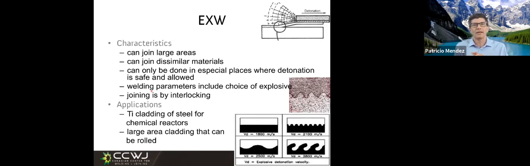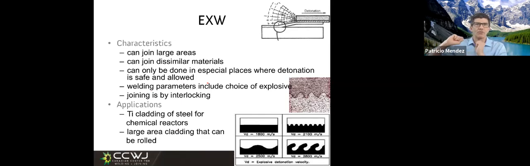Explosive welding can join dissimilar materials because there is no fusion, there is no melting, so you have very few intermetallics, very few. And in addition, you have this pattern in the interface that creates mechanical interlocking. You're not going to be doing it in your backyard. You need special permissions. People tend to do it inside mines.